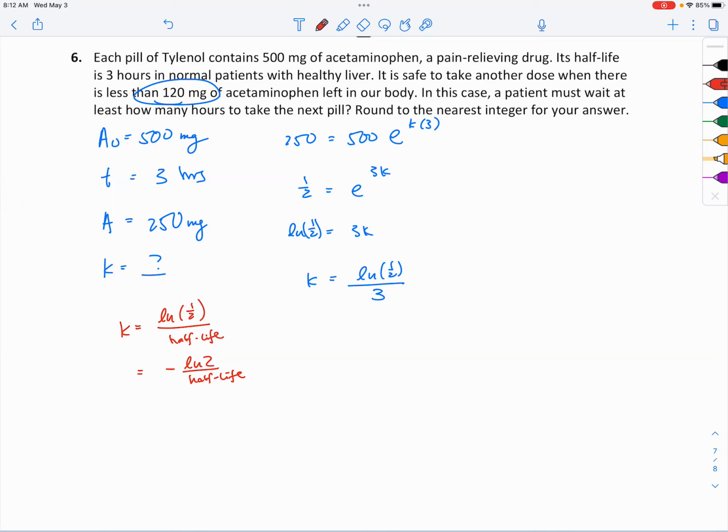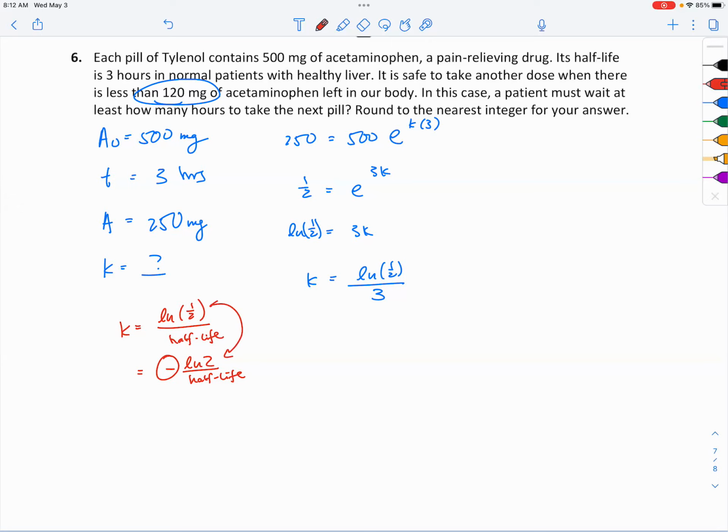So the negative power becomes the coefficient, and that's how you have the negative up front. So if you want to do this shortcut, I would not stop you. Just make sure that you have a negative up front, okay? Because natural log of 1/2 is the same thing as negative natural log of 2.